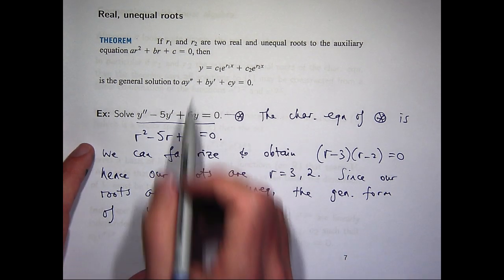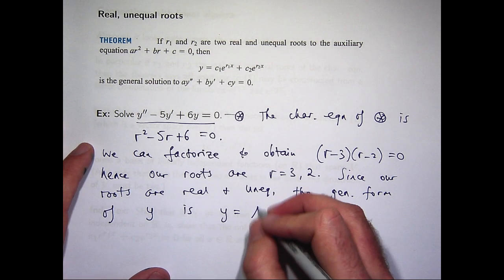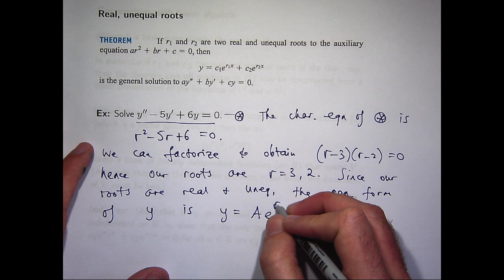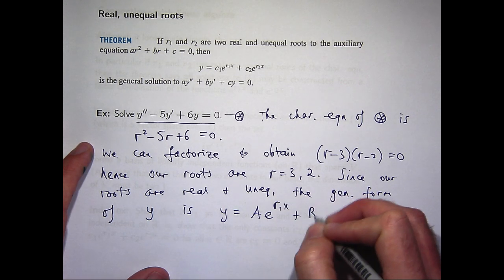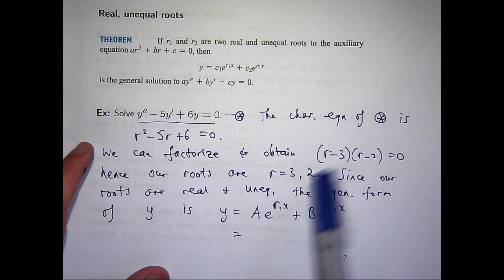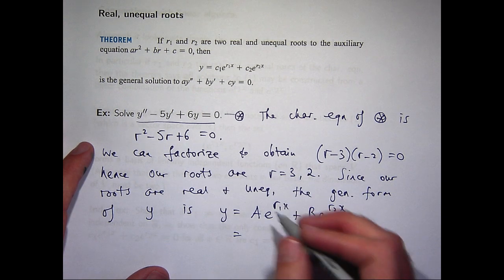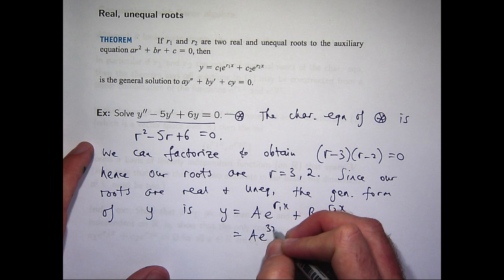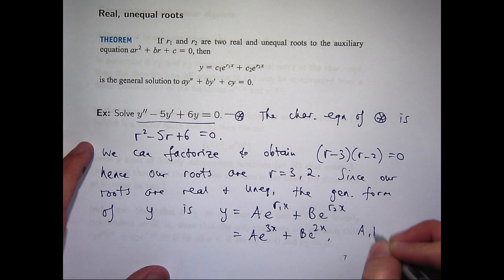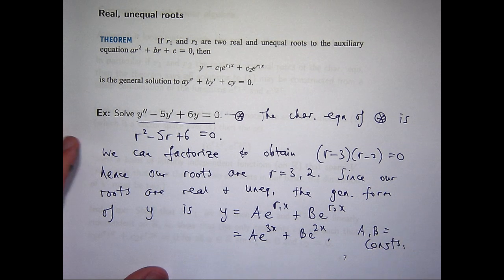Instead of having C1 and C2, I'm just going to write big A and big B. They're just arbitrary constants. Okay, so R1, let's choose R1 to be 3 and R2 to be 2.